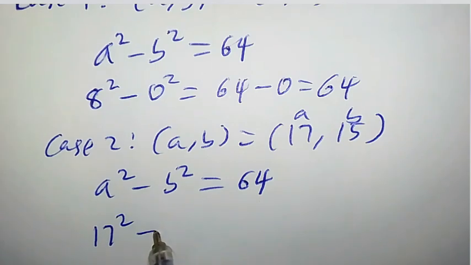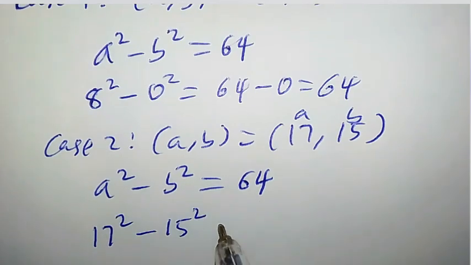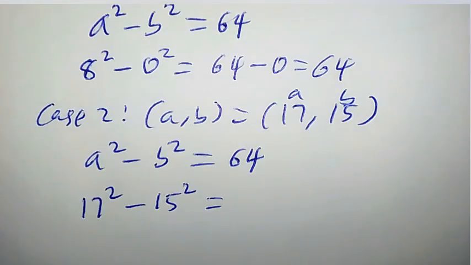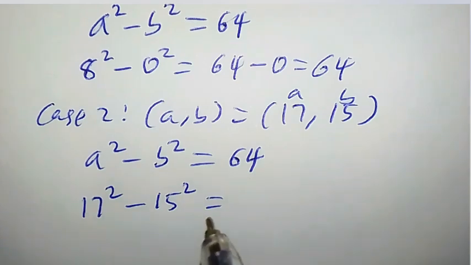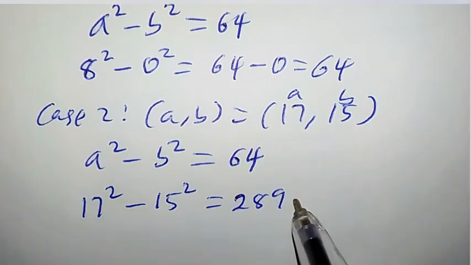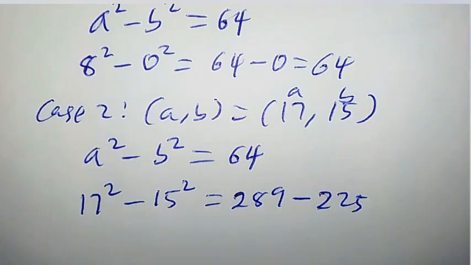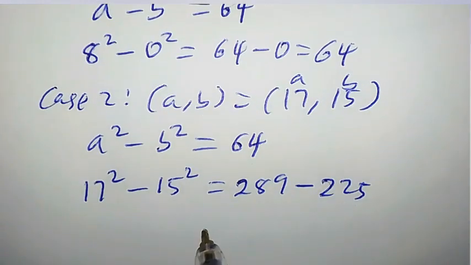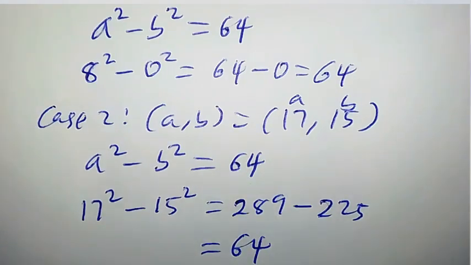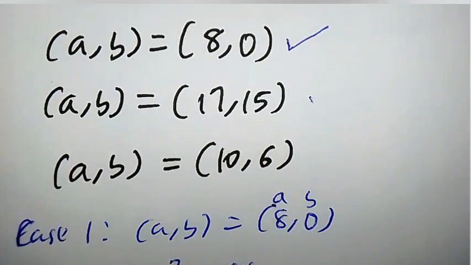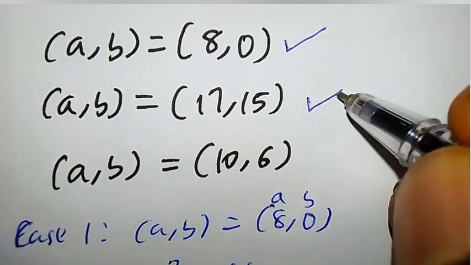We have 17 squared minus 15 squared, so 17 to the power of 2 is 289 minus 15 to the power of 2, which is 225. 289 minus 225 is 64, exactly what we have here. So that indicates that this second solution is also correct.